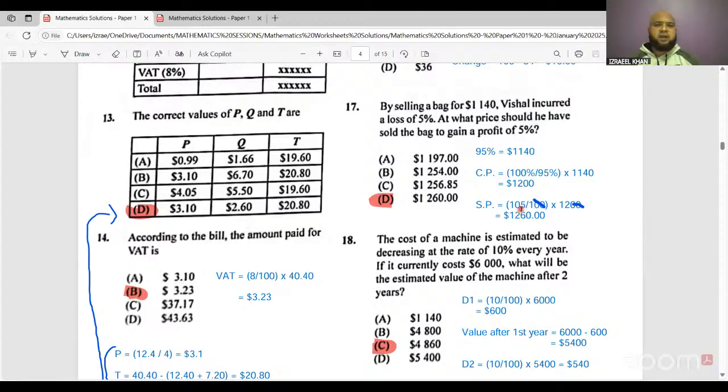So 105 over 100, in other words 105% over 100%, because it's like ratio, by your 1,200 from here, cross out your zeros, you get 105 by 12 to get 1,260. There are numerous ways to do this, but I will say overall, this answer, it is a tricky question. Not going to deny that.